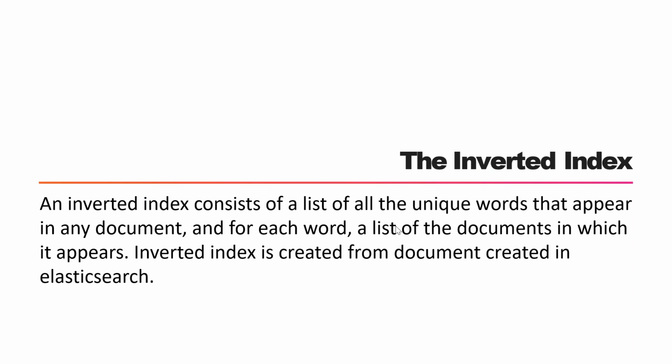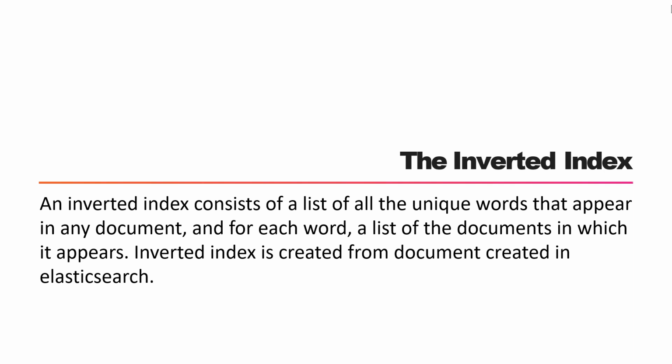An inverted index consists of a list of all the unique words that appear in any document. Please mind it, when it's a document, one log also is considered as a document. Remember, one line of log: you have one Apache file, and in that Apache log you have 2000 lines of log.